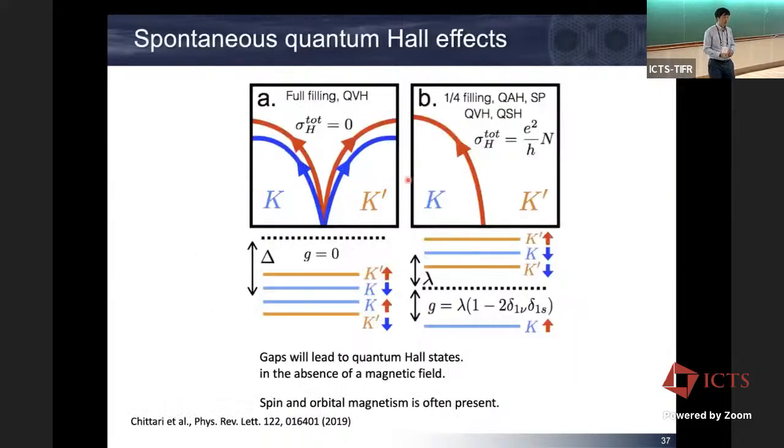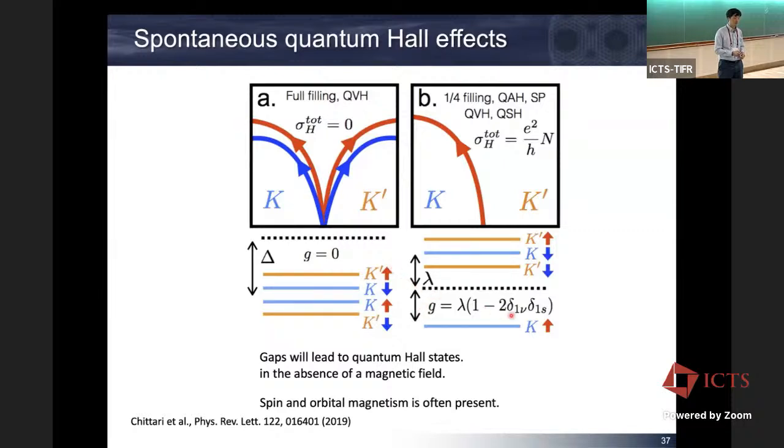And this is the schematic representation of these 4 copies of these nearly flat bands. So this is the Fermi level, where when those 4 levels are occupied, you would expect this kind of quantum valley Hall effect.